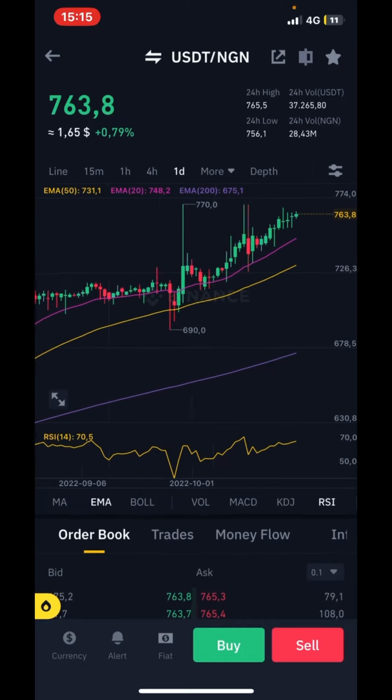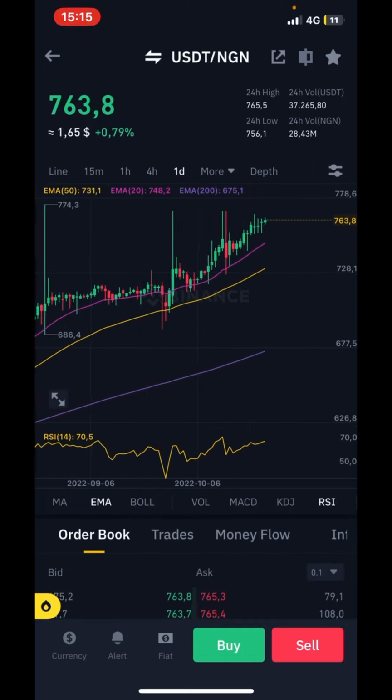So you are going to predict, be sure that okay, this price is going to go above this various resistance. Technically, the Naira is not holding its value relatively. So predicting this and selling at 780 is okay, it's possible.